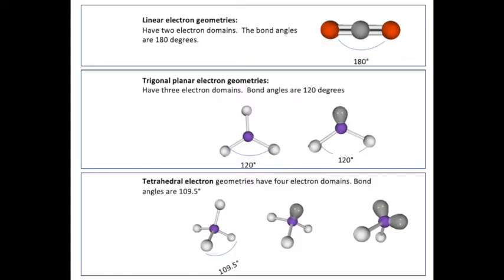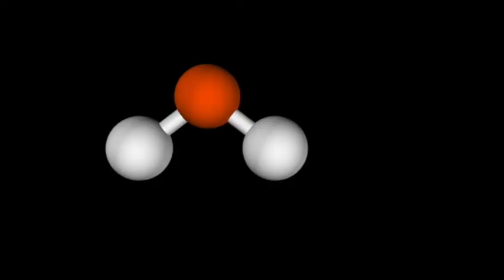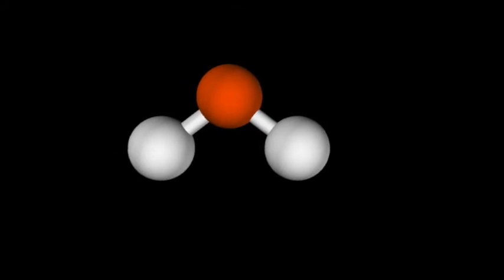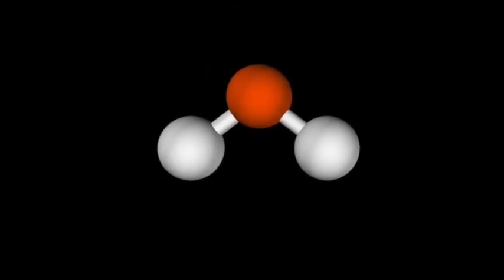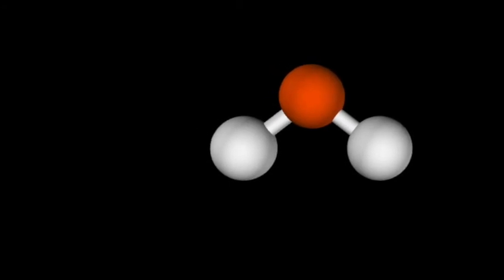Each of these shapes has characteristic bond angles, angles that occur between the different domains as the domains repel each other. Knowing about the electron geometries helps us make sense of why certain molecules look the way they do. For example, the shape of a water molecule is bent. What makes it bent? Well, knowing the electron geometry of the water molecule helps explain this.